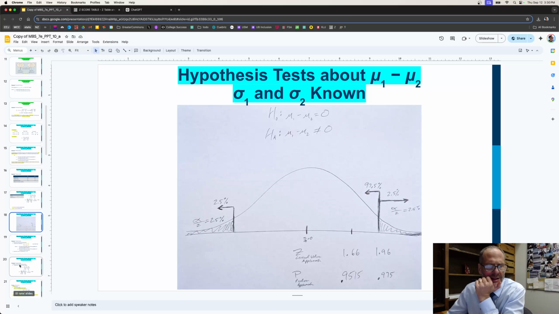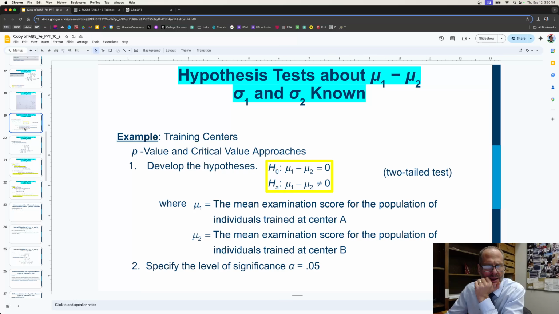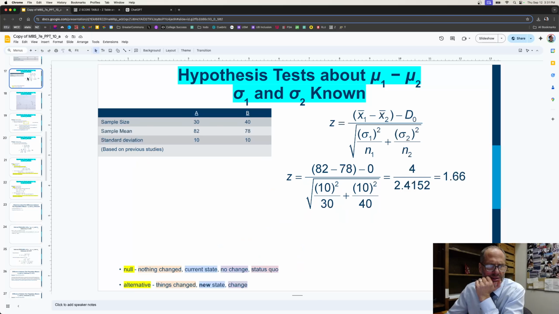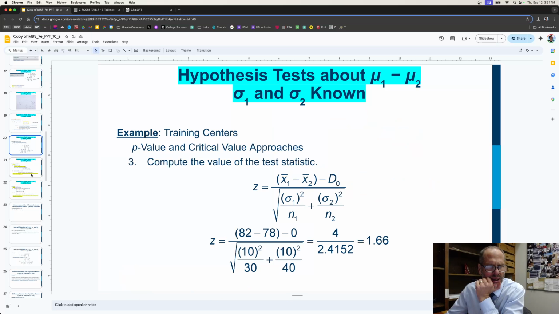So, taking a look at how the book put that all together. There's this slide where they develop their hypotheses, and then this slide where they do the calculations. Because it takes a little bit of work to do that calculation, I just put in what the book had as my calculation.